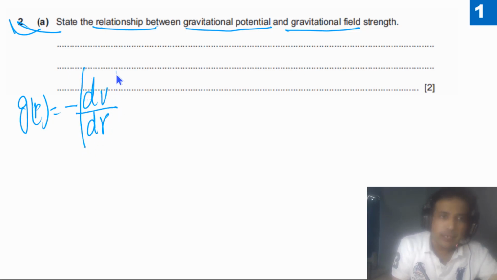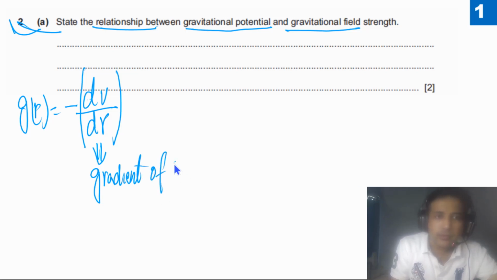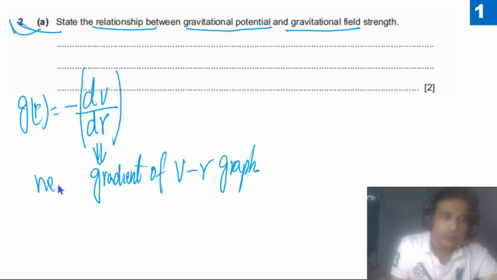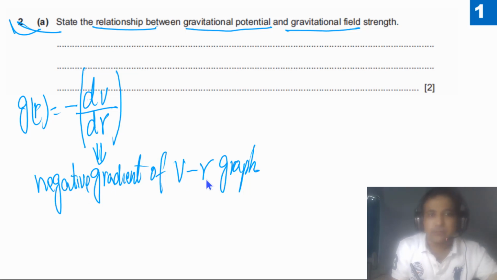dV by dr represents the gradient of the V against r graph, meaning potential against distance from the center of the massive object. So g is equal to negative gradient of the V-r graph.